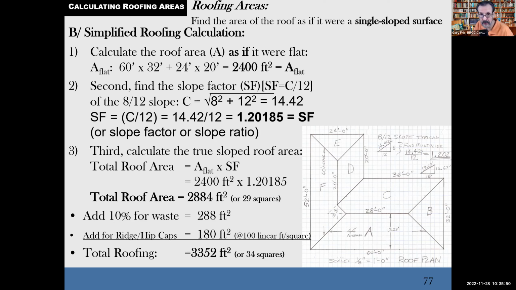So it's a 9, 12, 15 triangle, and the slope factor is just 15 divided by 12. If it's a 5/12 slope, that's a 5, 12, 13 triangle, where the hypotenuse is 13. The slope factor is going to be 13 divided by 12. So that's all there is to it.